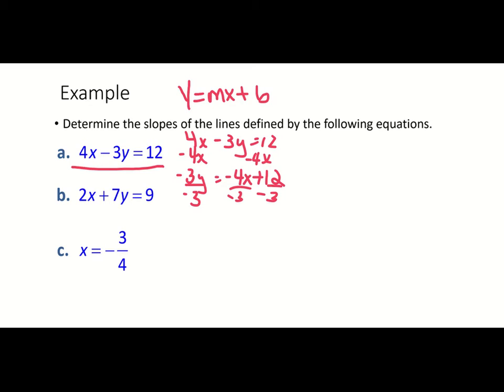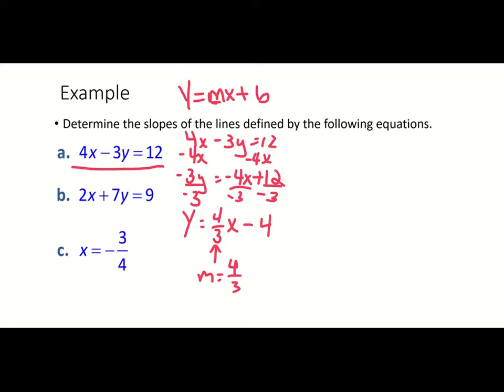And that will give me y equals, 2 negatives on that fraction make it a positive 4/3 x. And then 12 divided by negative 3 would be minus 4. So that means that our slope, remember, m is your slope. So our slope for this equation is 4/3. So m equals 4/3.